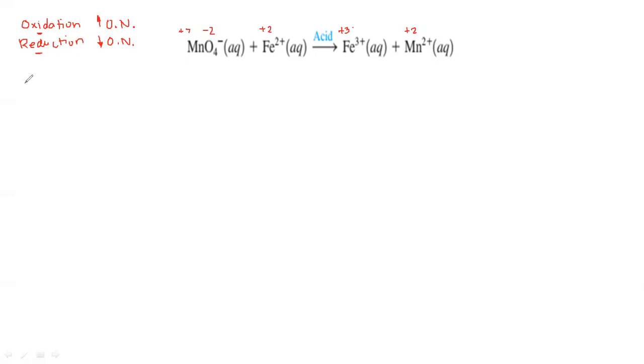Therefore, this is our reduction half reaction. And as we could see in the iron, we have +2 at the left side and +3 at the right side, meaning there's an increase in oxidation number. Therefore, this is our oxidation half reaction.